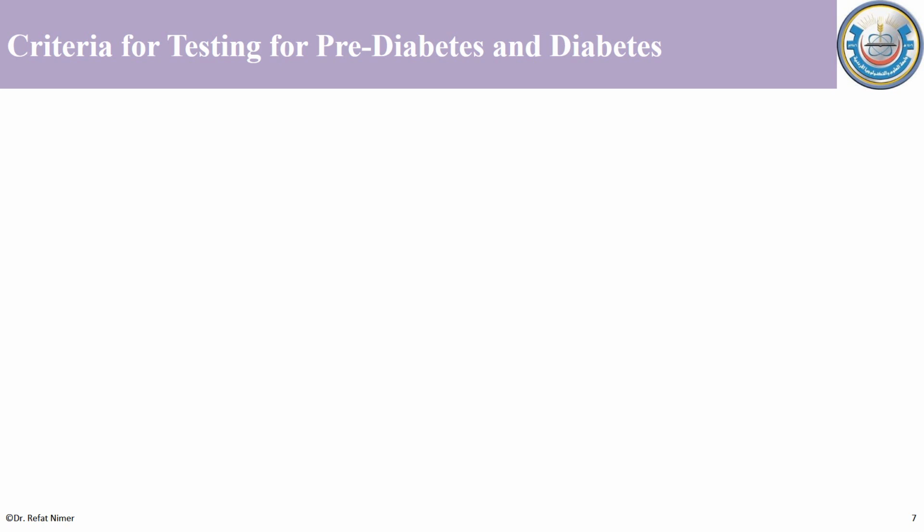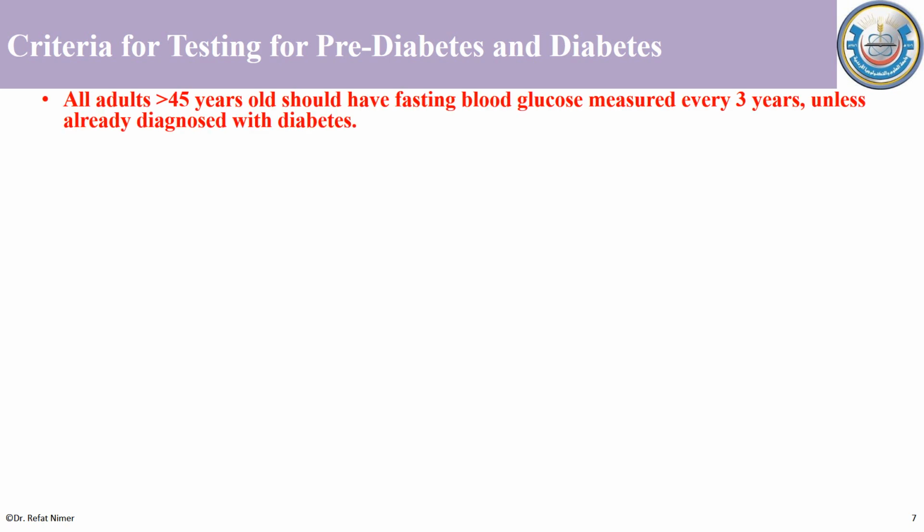Now the criteria for testing for pre-diabetes and diabetes. All adults above 45 years old should have a fasting blood glucose measured every 3 years unless already diagnosed with diabetes.